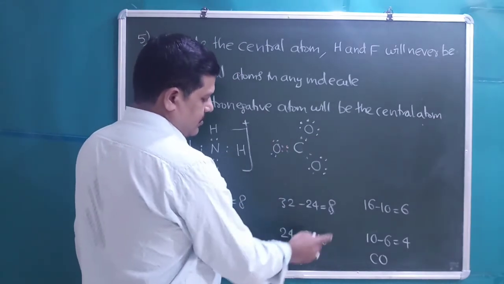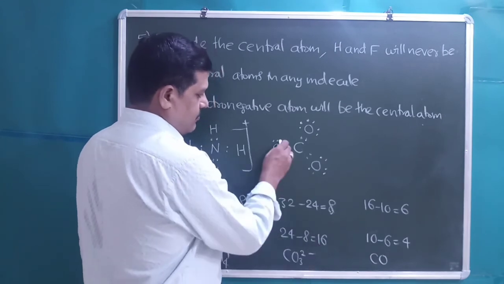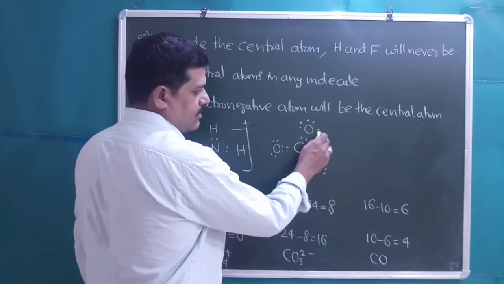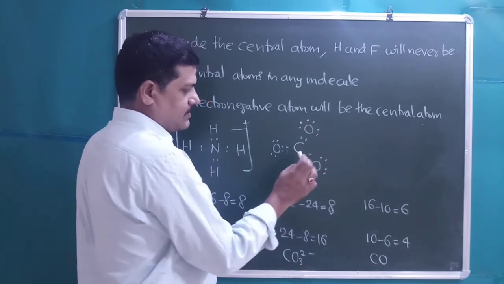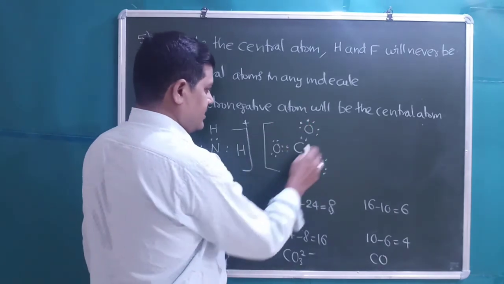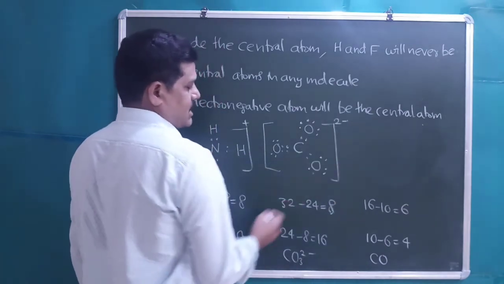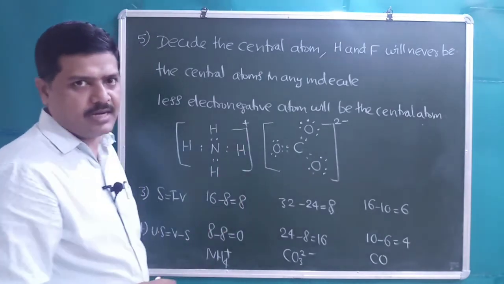So here there are 16 unshared electrons. The 2 minus charge you can write on the top as a superscript.